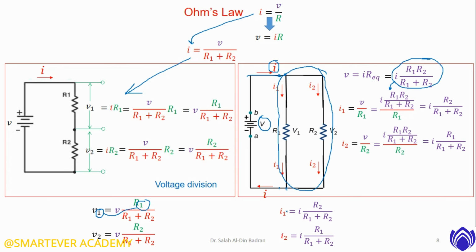In parallel, for the current that you want to find, the current across a resistor, the resistor in the formula is the other resistor, not the same resistor. This is the difference when you want to memorize. Be careful about this difference, okay? So we call this current division.